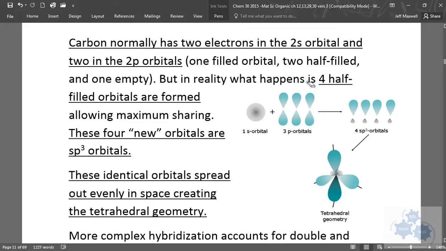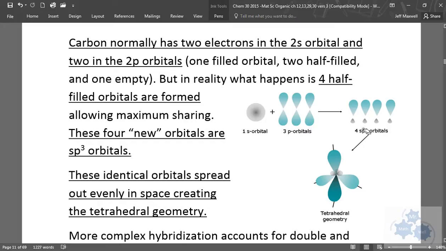But in reality, what happens is carbon rearranges itself, so that the orbitals overlap, because again they want to form the lowest possible energy setting. So out of these orbitals, they form 4 identical orbitals that are half filled. So instead of having 2 here, 1 here, and 1 here, they all combine so that they have 1 electron in each of these hybrid orbitals.